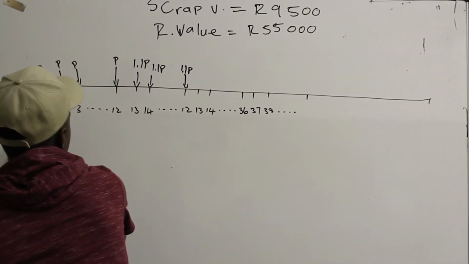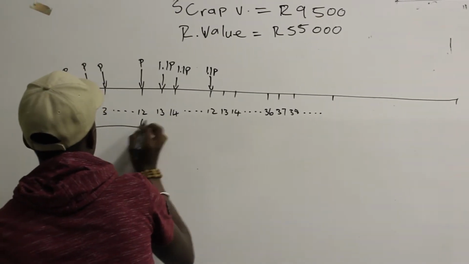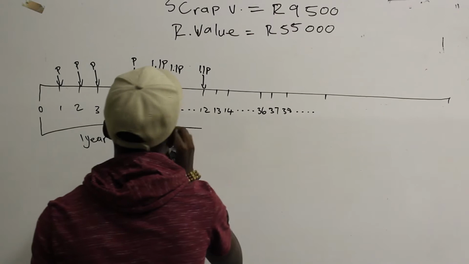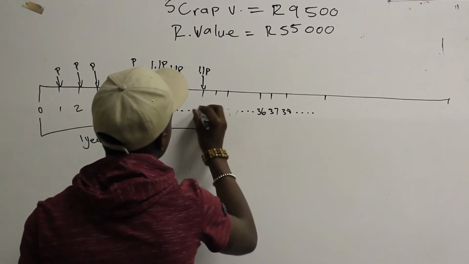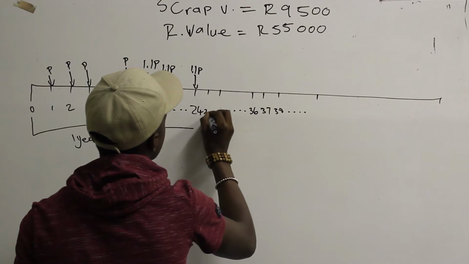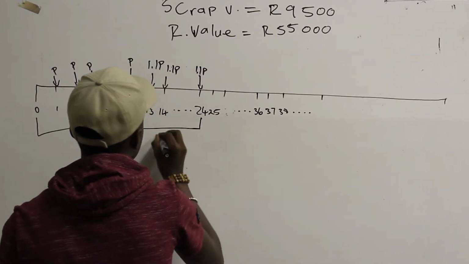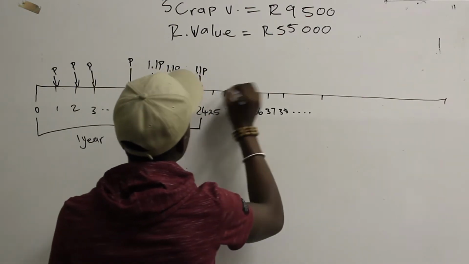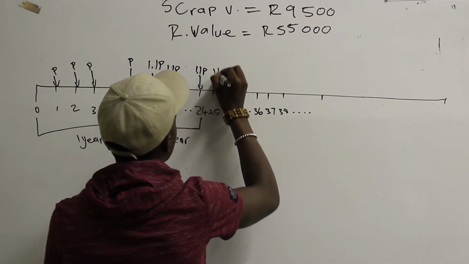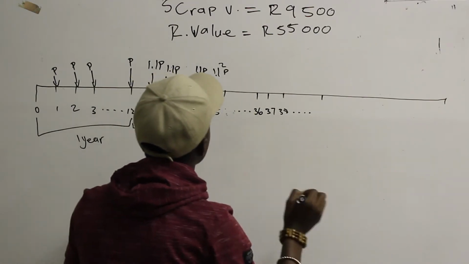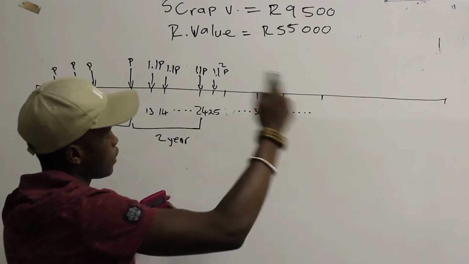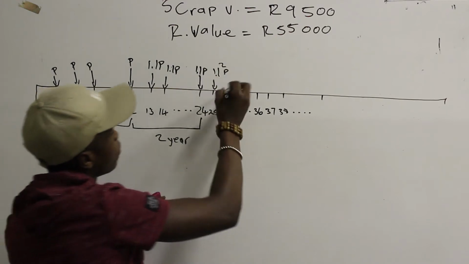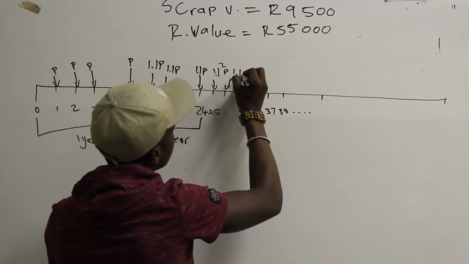And remember, from here to 12 months is 1 year. And from here to 24, it's the second year. And then from here onwards, it's 1.1 squared P.